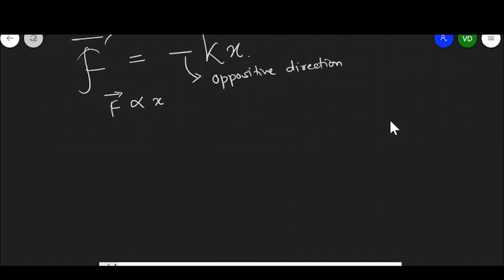Now we just write down these two equations again. So let me write F equal to minus kx and F equal to m dv by dt, or you can write velocity is dx by dt, and therefore dv by dt becomes d2x by dt square. So m d2x by dt square.